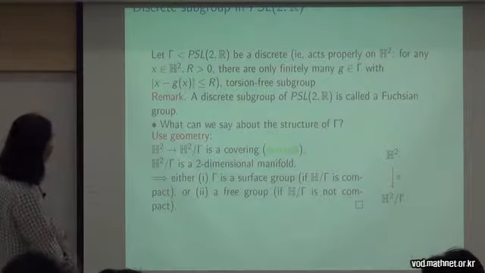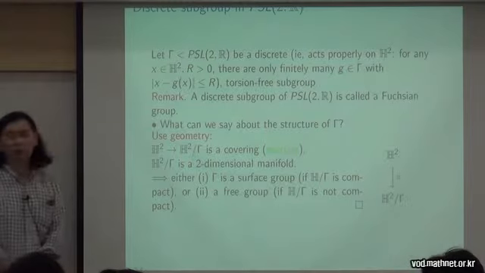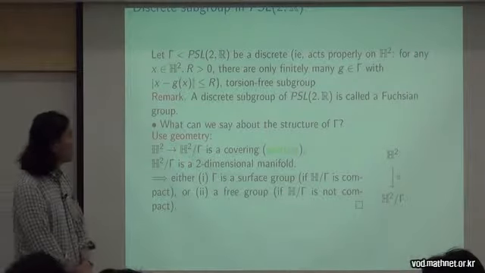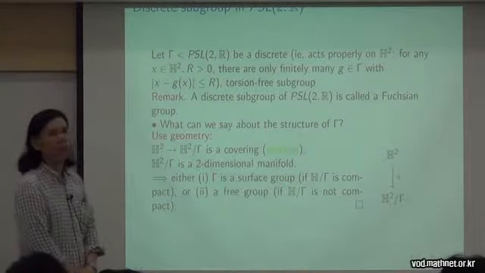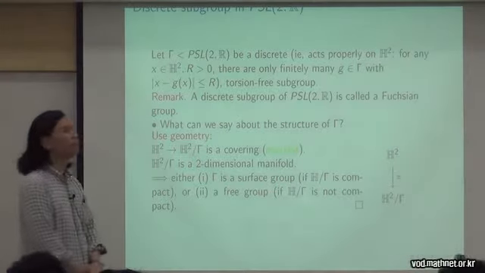Okay, so now suppose you have a subgroup gamma in PSL2R and assume it's discrete and torsion free, and then try to see what you can say about this group gamma.